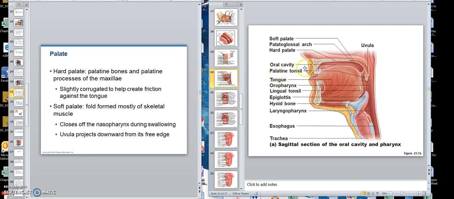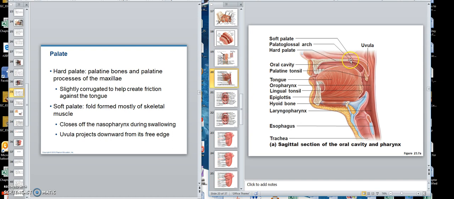Okay. So going back to the bones. The palatine process of the maxilla makes up the anterior 2/3 of the hard palate. The palatine bone makes up the back 1/3.